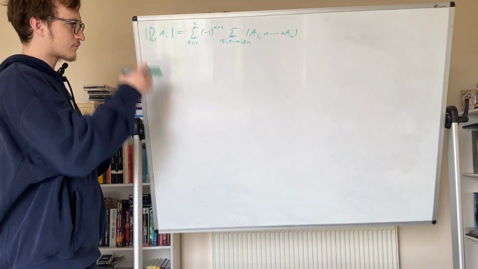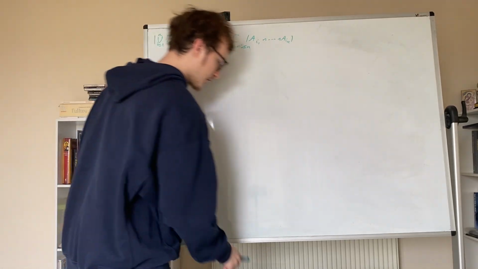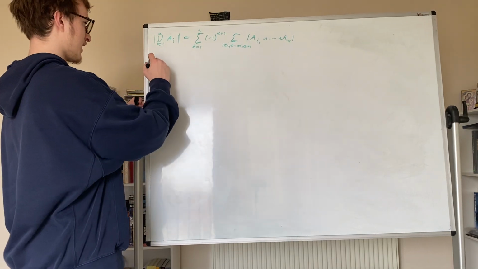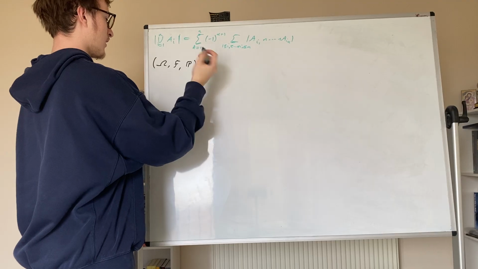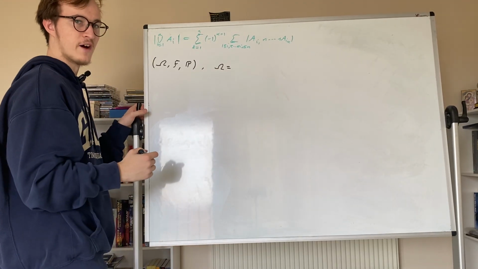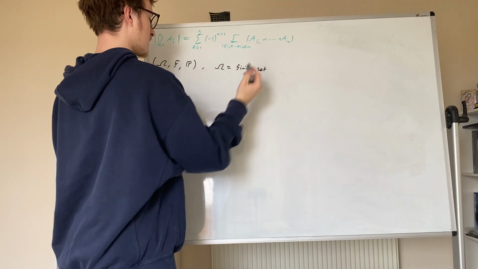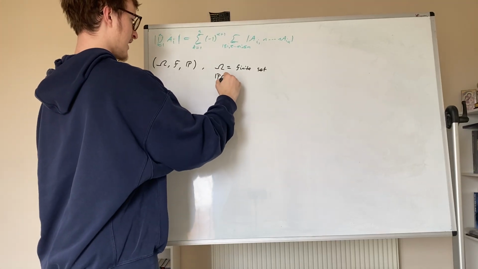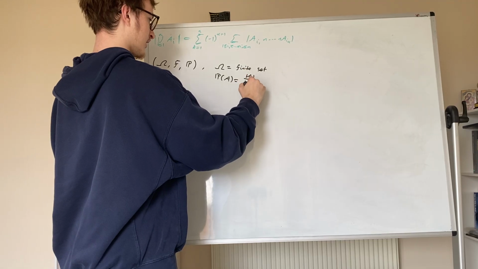Well, our probabilistic version is actually more general, because what we can just do is consider the probability space Omega, F, P, where Omega is just some finite set, and P of A is just given by the size of A divided by the size of Omega.